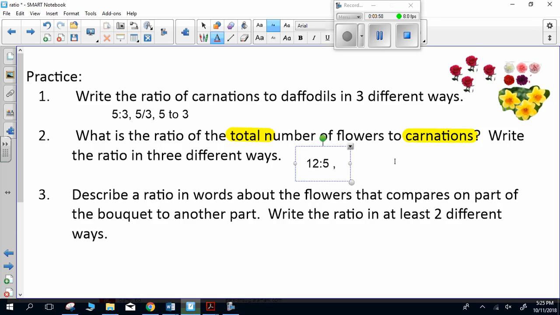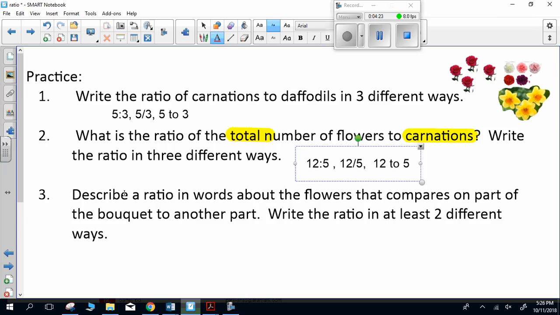And then I could also write 12 to 5 as an improper fraction, and that's fine. You leave it that way because it's a comparison. It's not ever a mixed number because you're comparing flowers to carnations. And then the last one is 12 to 5. Remember that this is fine. Even though it's an improper fraction, it's a comparison. So it's not really a division problem, it's a comparison.